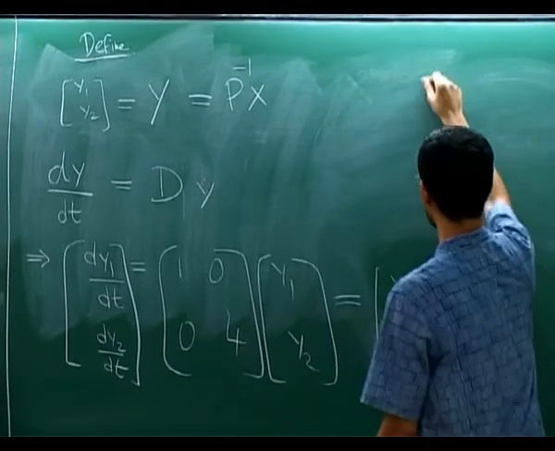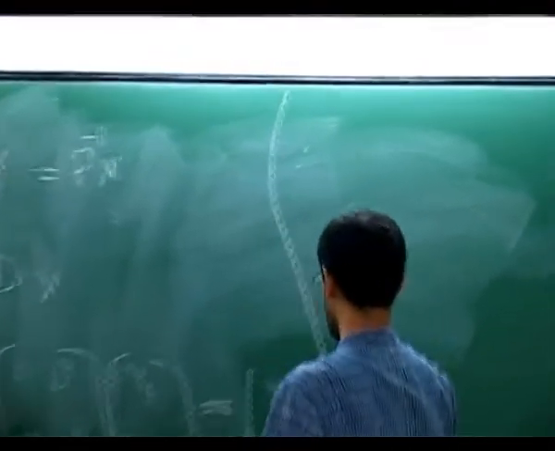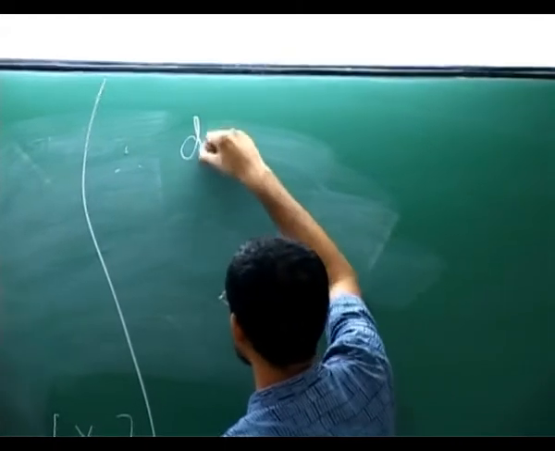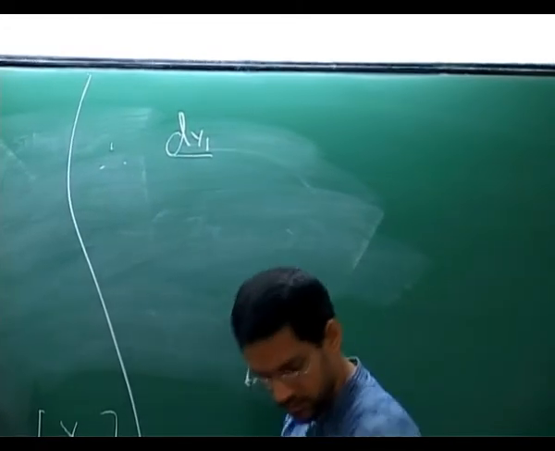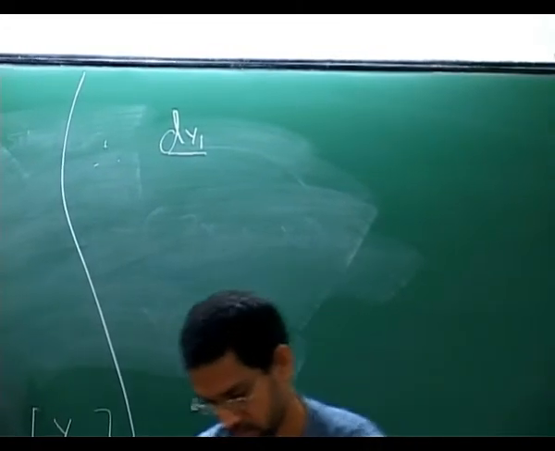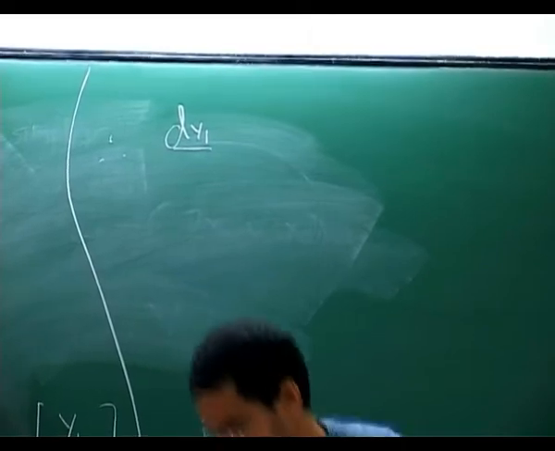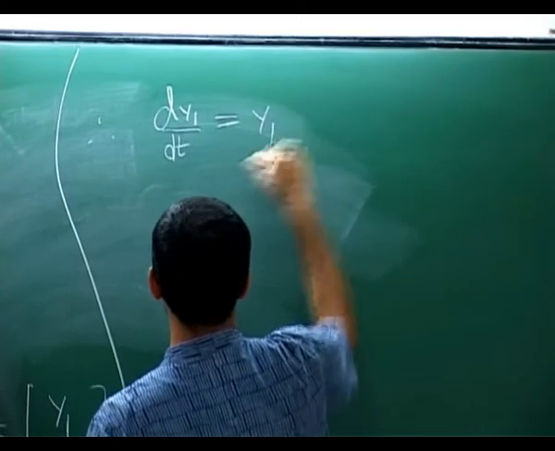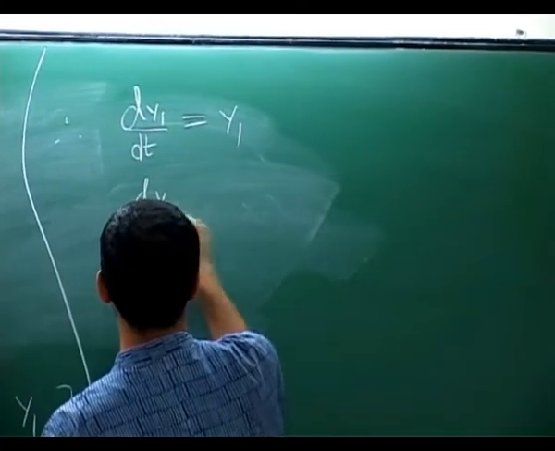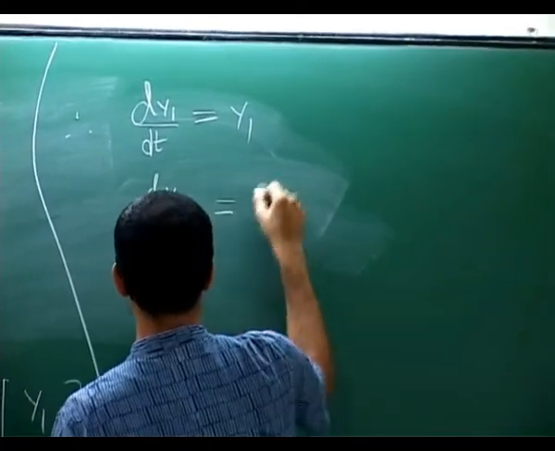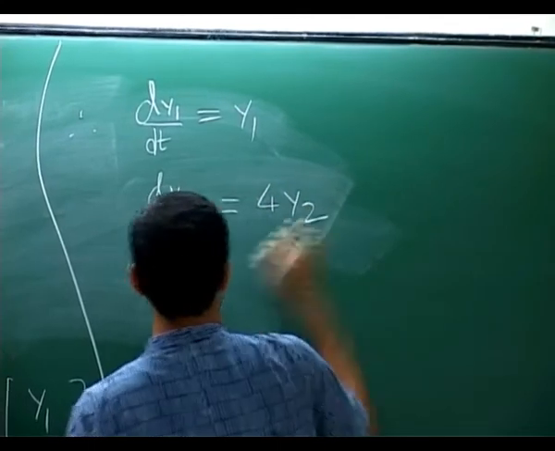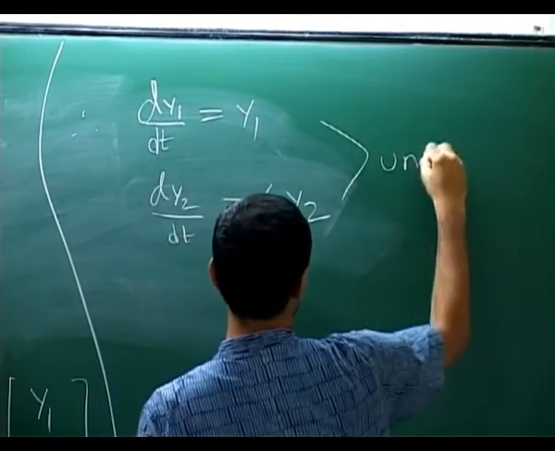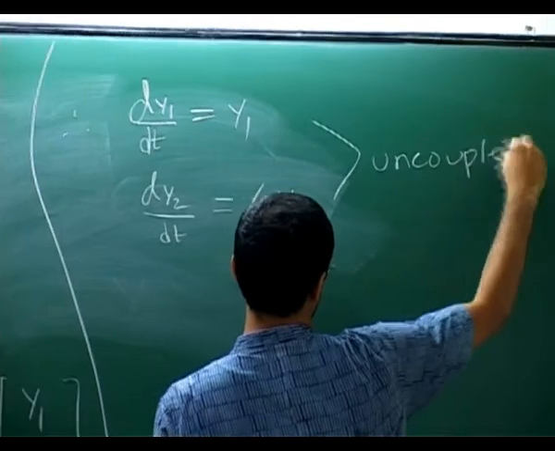So the final set of equations is dy1 dt is y1, dy2 dt is 4y2, and those are the uncoupled equations which we can solve.